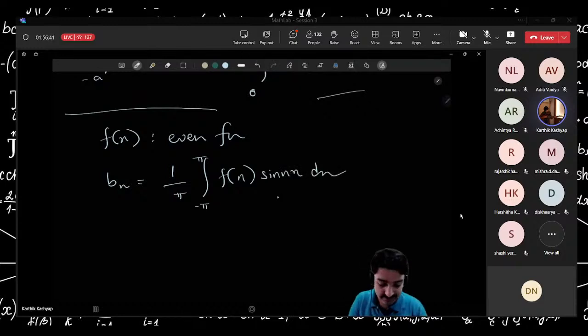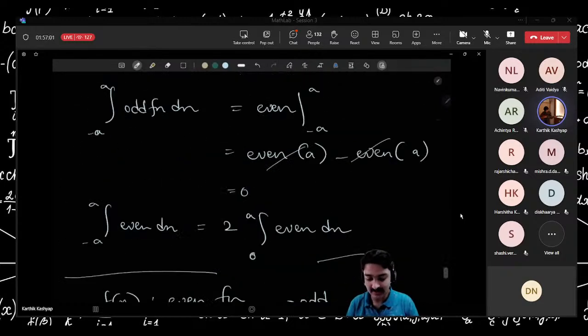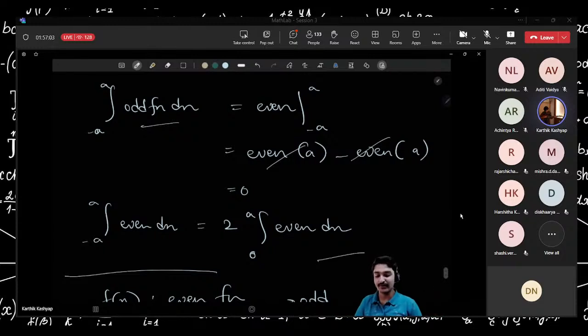So we know that sine is an odd function, and this f of x we have taken as an even function. So this is even and this is odd. An even function times an odd function will be an odd function. So this whole thing is an odd function. So again, this is equivalent to our previous assumption, the integral of an odd function from minus a to a, in this case a being equal to pi.